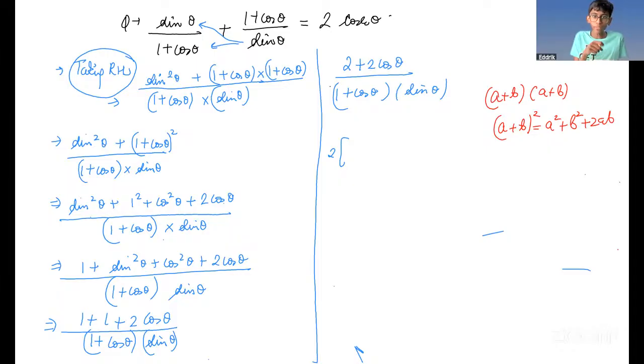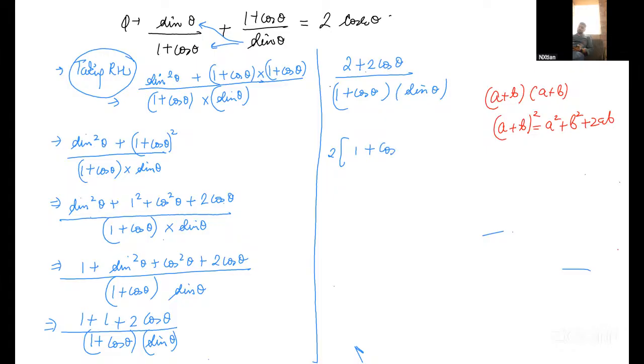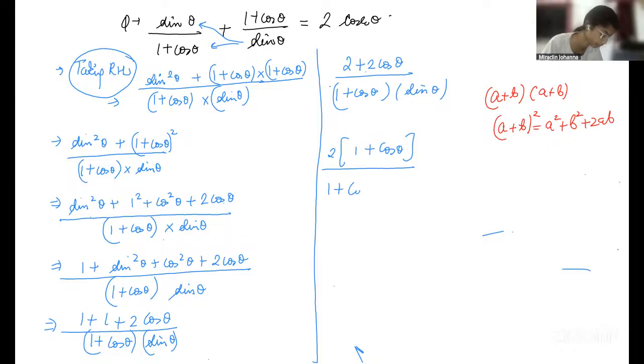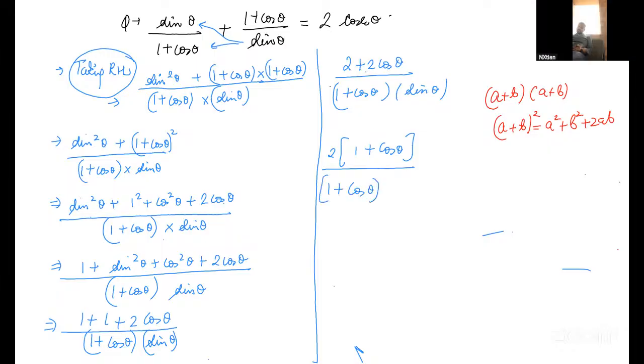So it becomes 2 into 1 plus 2 into cos theta, which is 2 into 1 plus cos theta. From the first term, 2 is out, so if nothing is there, we write 1. So it becomes 1 plus cos theta. I take out 2 as a common. Did you understand, guys? Yes, sir.